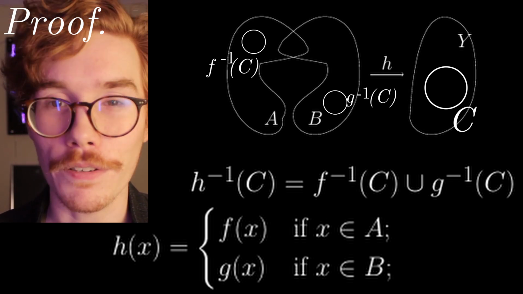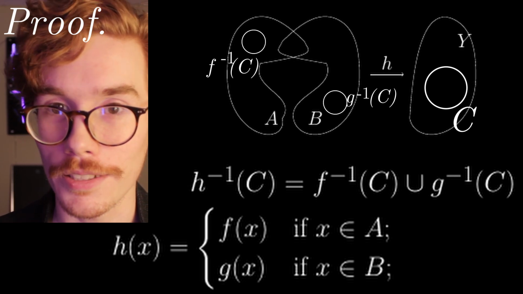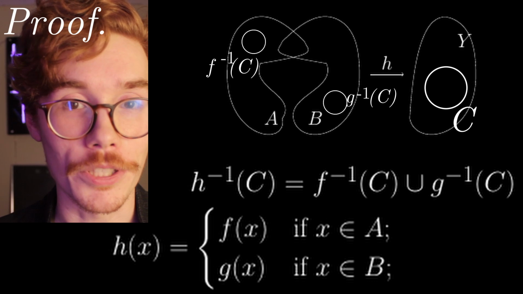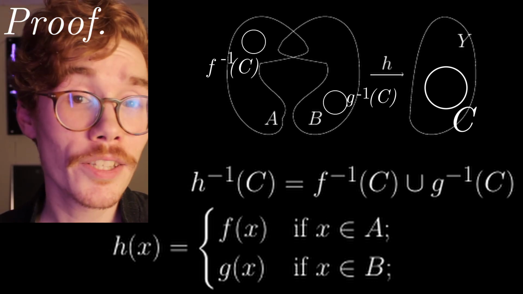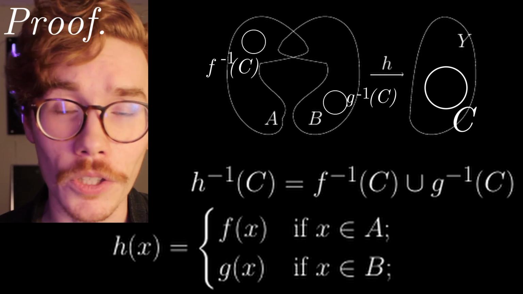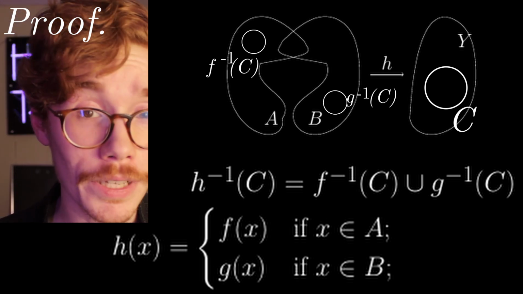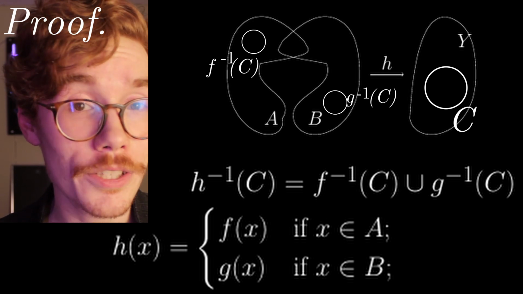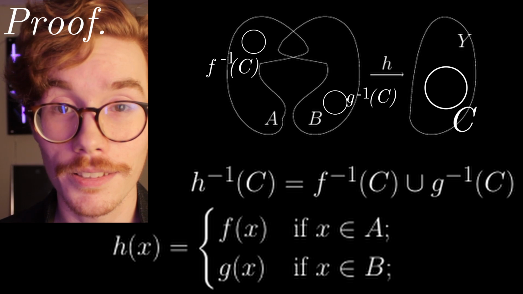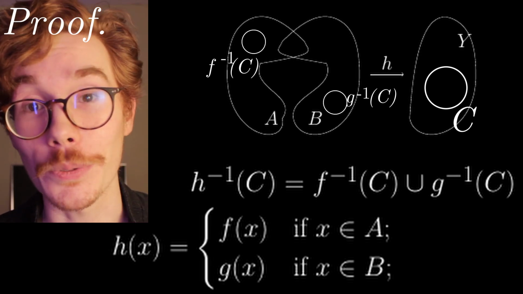And since f and g are continuous functions, the preimage of C under f is closed, and the preimage of C under g is closed, since preimages of closed sets are closed. Notice that they're closed in A and B respectively, but since A and B are closed in X, the preimages are also closed in X. Thus, the preimage of C under h is a finite union of closed sets in X. Thus, it's closed itself, and therefore, h is continuous, as we claimed.